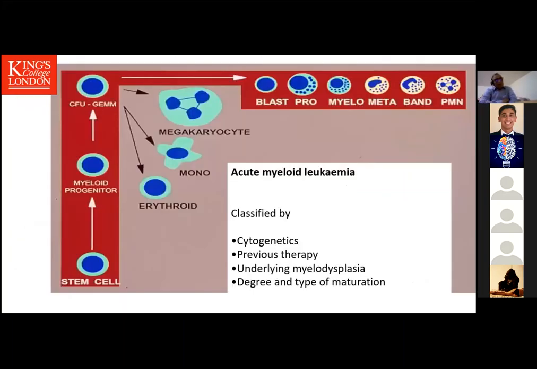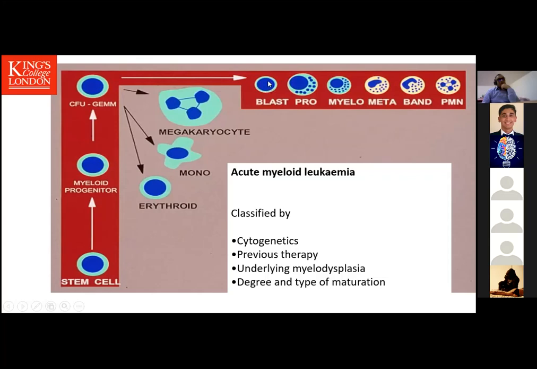If you look at how the myeloid matures, you have stem cells, going to myeloid progenitor, and then you have the CFU, the colony forming unit, that then differentiates into the myeloid, the megakaryocyte, the monocytes, and erythroid. When I take the lecture face to face, I always draw these cells on my flip chart and tell you how a blast looks.